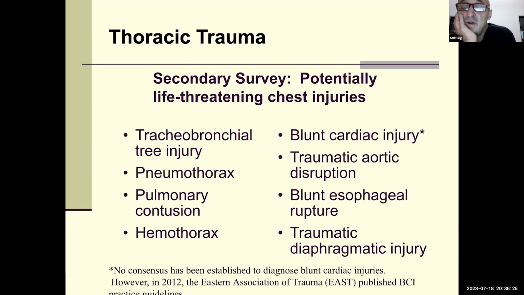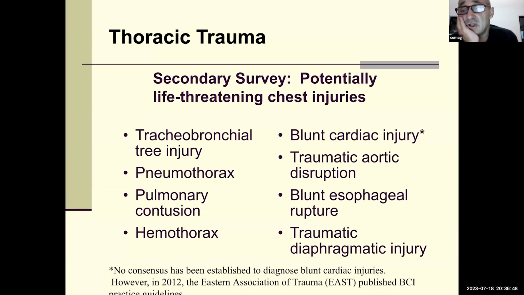These are the ones you will now see in your travels. Tracheobronchial injury tends to present early with massive pneumothoraces. We drain them. A simple pneumothorax, pretty much more than 20% gets drained.